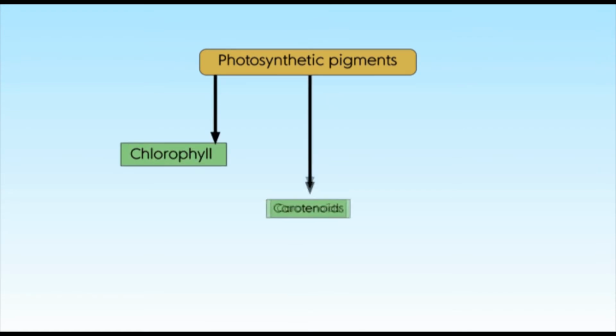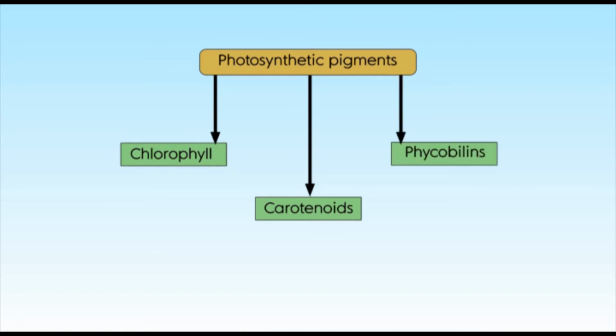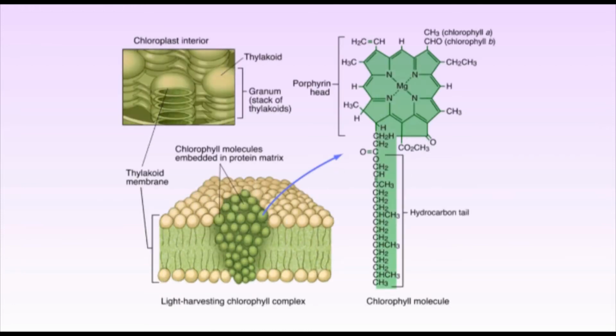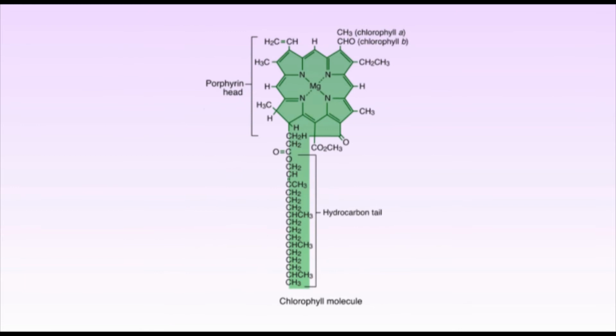There are three major types of photosynthetic pigments, namely chlorophyll, carotenoids, and phycobilins. Chlorophyll pigments: the most important light-absorbing pigments in the thylakoid membranes in chloroplasts are the chlorophylls, green pigments with polycyclic planar structures resembling the protoporphyrin of hemoglobin, except that magnesium, not ferrous iron, occupies a central position.